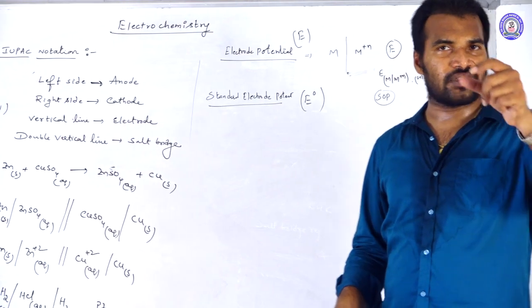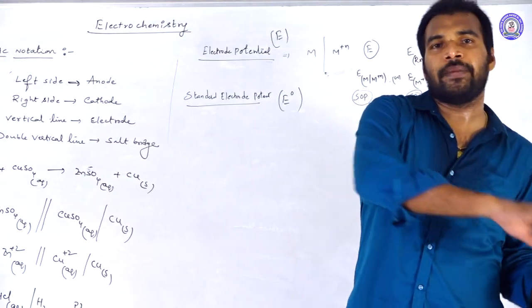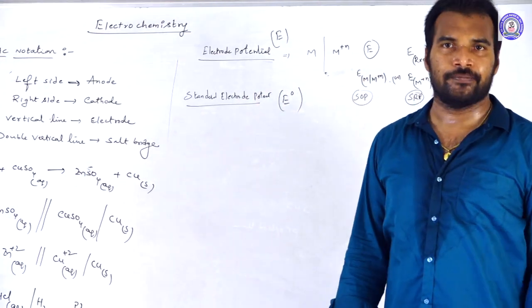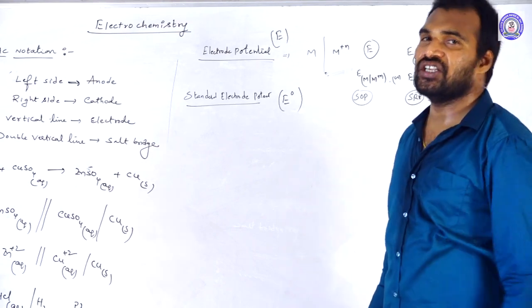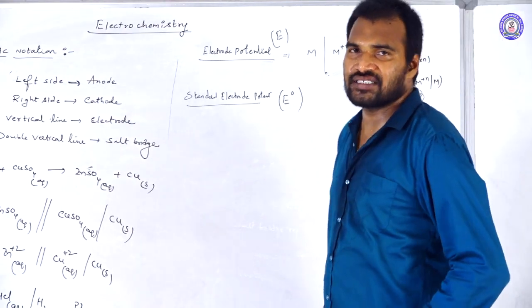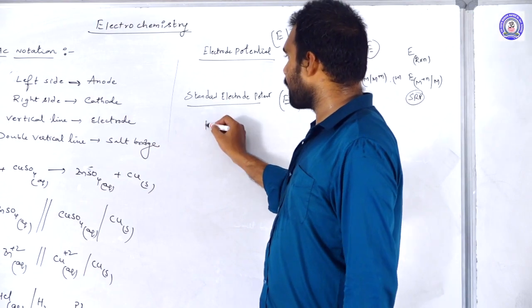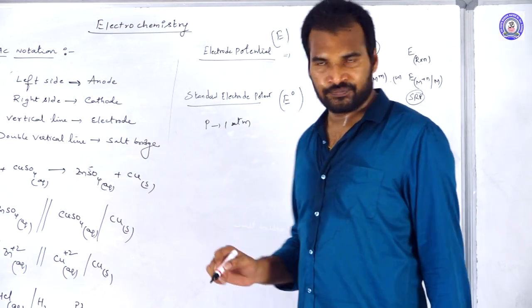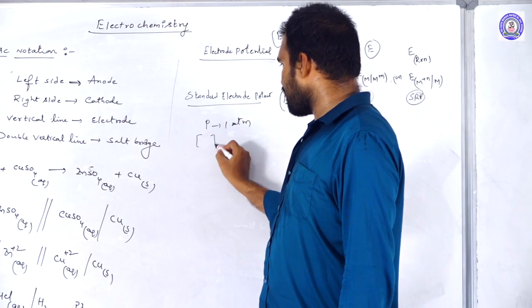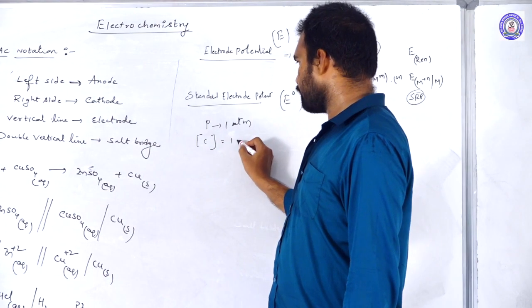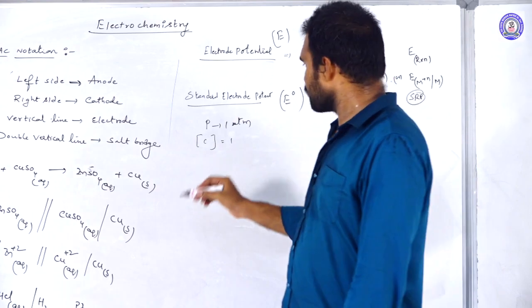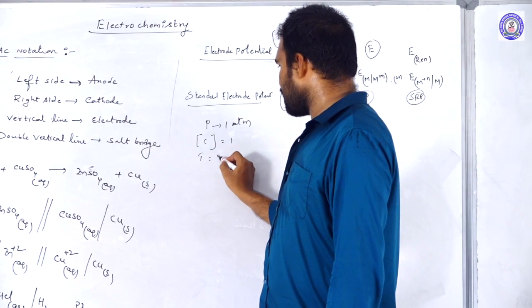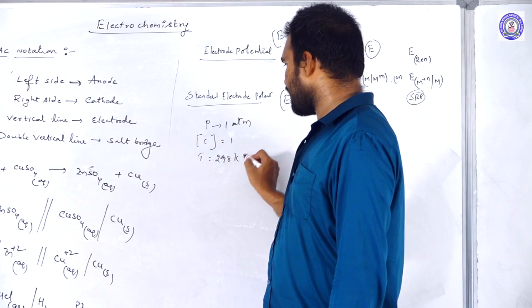The potential that is generated between the metal and its metallic solution at standard conditions. So what conditions do we consider as the standard conditions? When the pressure is 1 atmosphere, the concentration is 1, and the temperature is 298 kelvins.